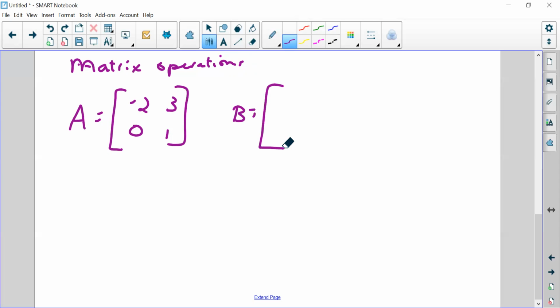Matrix B is equal to 8, 4, 1, 4. Oh, that should be a 5.